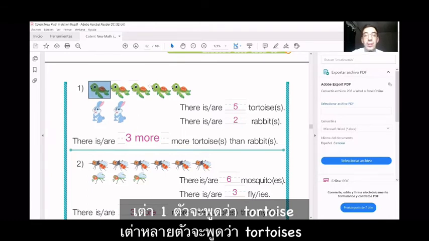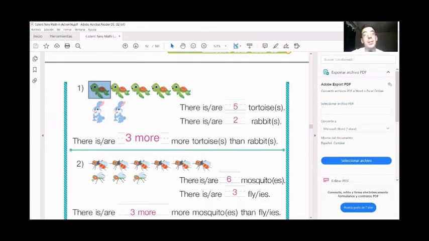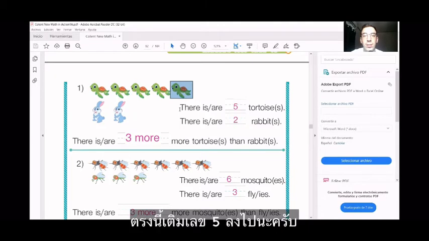We call it tortoise. Tortoise, okay? Tortoise, because it's a baby turtle. So how many tortoises are here? 1, 2, 3, 4, and 5. 5 tortoises.